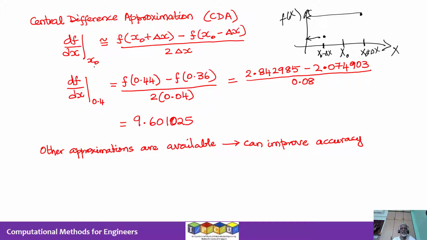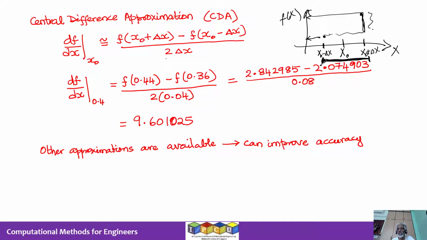So it is approximately equal to the value of the function at x naught plus delta x minus the value of the function at x naught minus delta x divided by 2 delta x, because this gap is going to be 2 delta x. I'm going to travel 2 delta x from x naught minus delta x all the way till x naught plus delta x. So this is going to be 2 delta x. In moving 2 delta x, I'm gaining this amount, right?